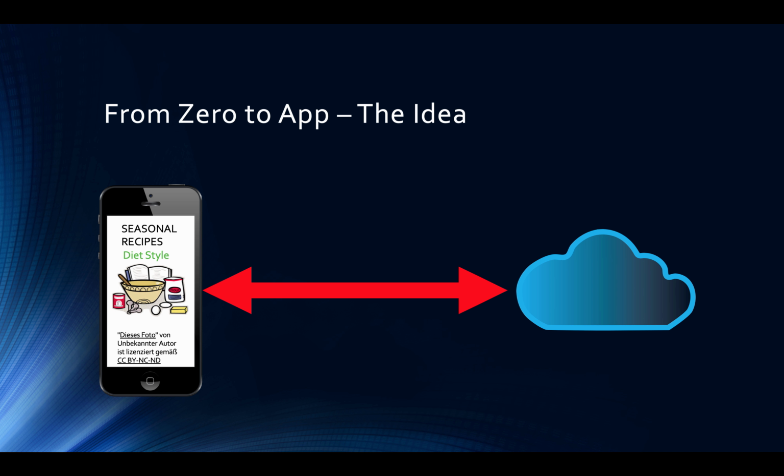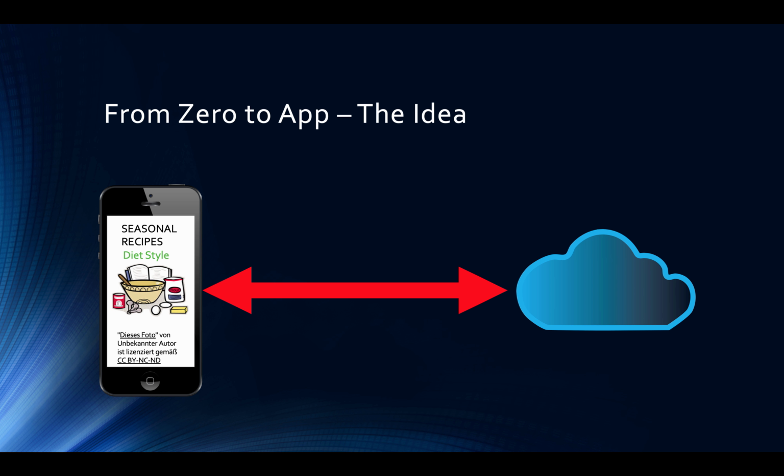So if we create an app like that, we need recipe data, of course. So the second part of the idea is to pull these recipes from the cloud. So we need some sort of a service that provides all the recipes, and obviously we're talking about an API here, and so that's the core idea.